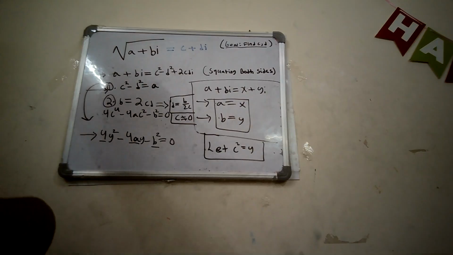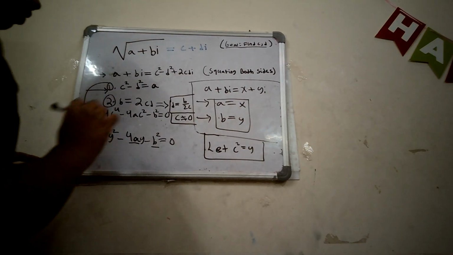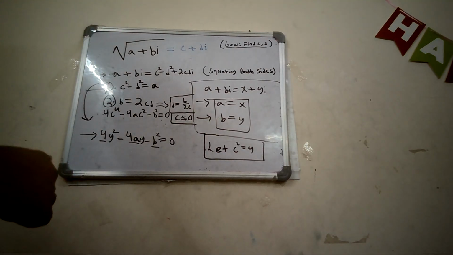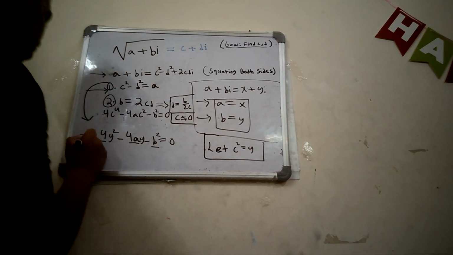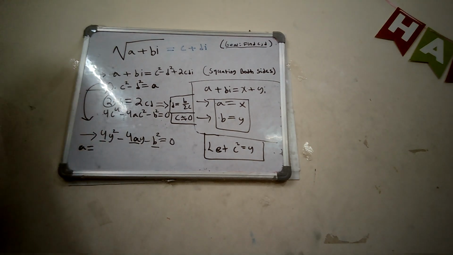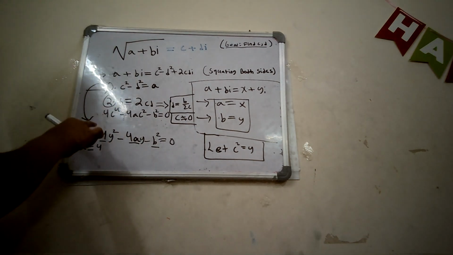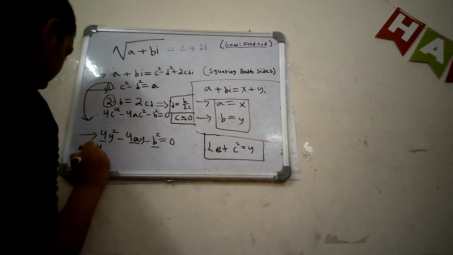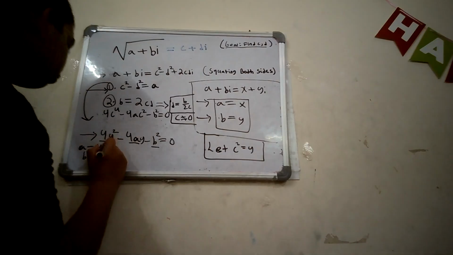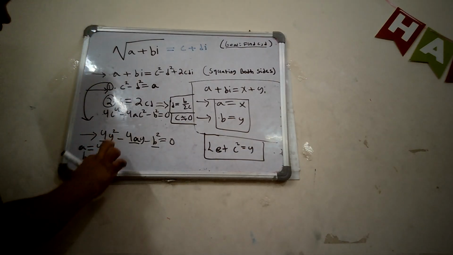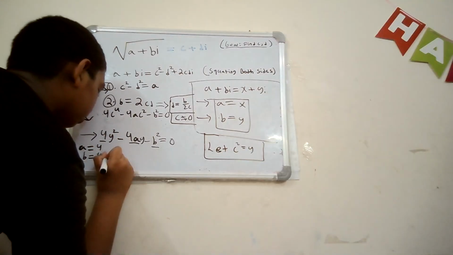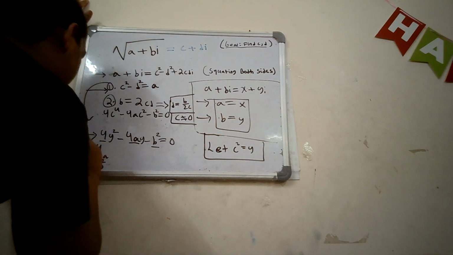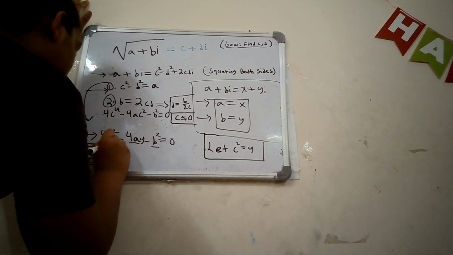So a is equal to 4, because 4 is the coefficient of y squared, the square term. Then b is equal to negative 4a, because 4a is a constant, as we established. And c is equal to negative b squared, which is also a constant. This is just to keep the coefficients in mind.